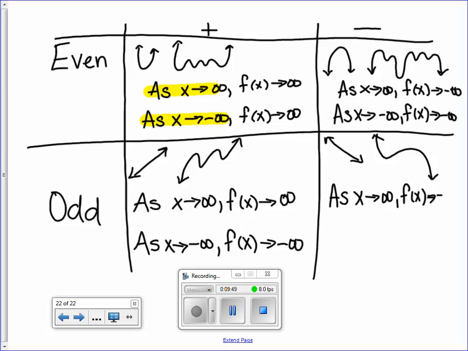Negative infinity. And as x goes off to negative infinity, when x goes off to the left, what's f of x doing? So that's your end behavior. That's what's happening on the far left and the far right.